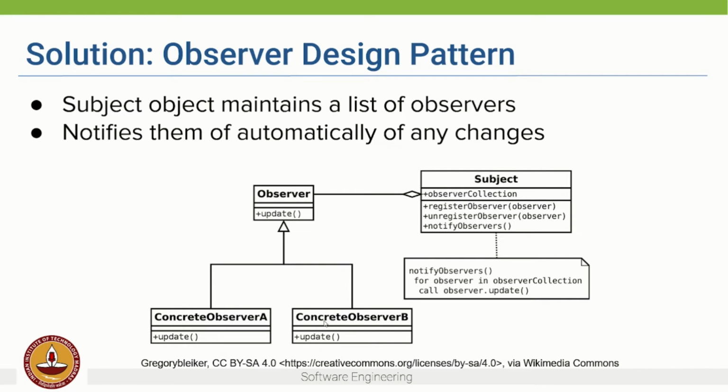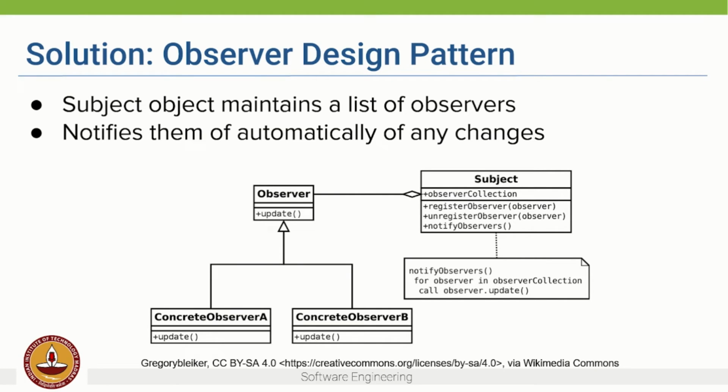And there can be other classes which implement this interface, right, and implement the update method. And now the subject has a method called notify observers, which simply iterates over the collection and calls the appropriate update function.